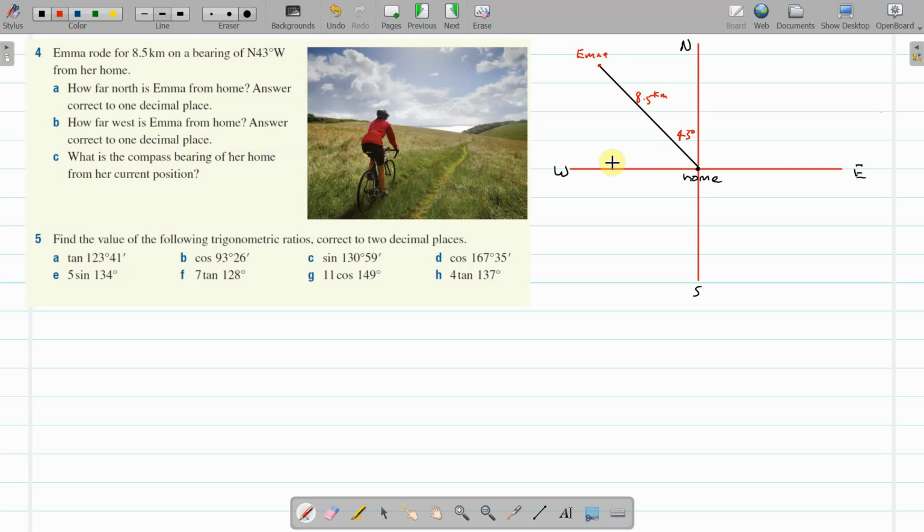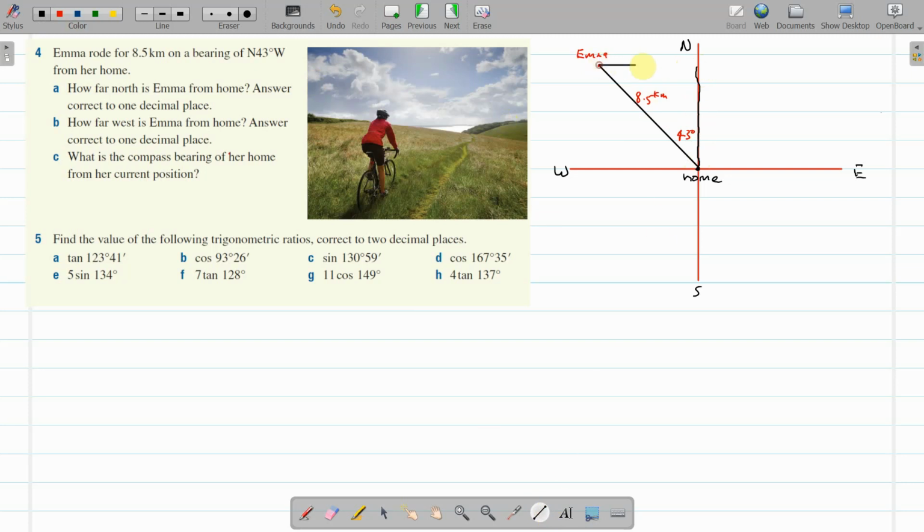Okay, question 4a, how far north is Emma from home? Well, the way to look at it is north is here, so how far up this axis till we get to the level with where Emma is now, is what the question is asking.